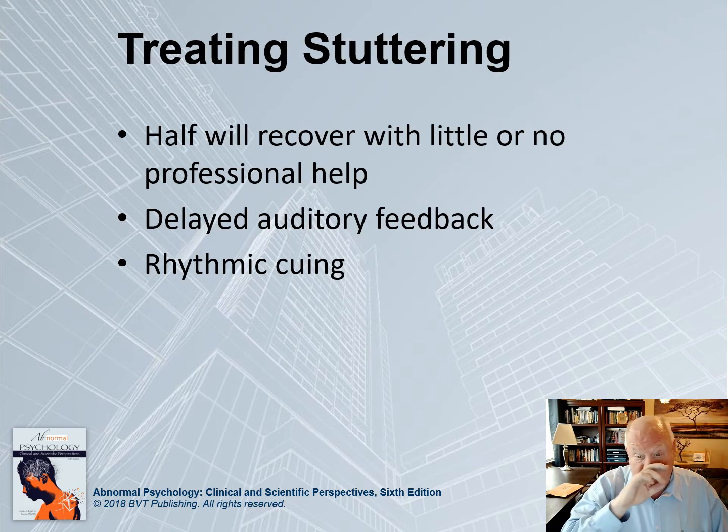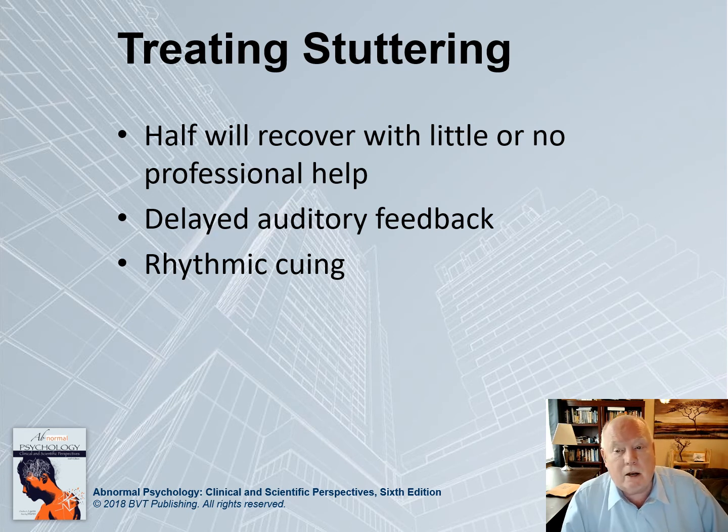Many children with stuttering disorder will grow out of it. Actually, the evidence suggests they don't grow out of it, they just simply learn to control it. But there are procedures that are used in treating individuals, especially those with severe stuttering.